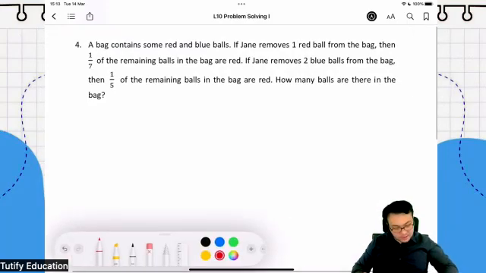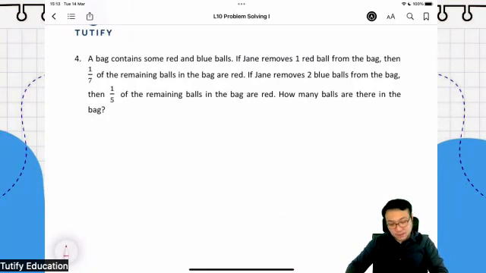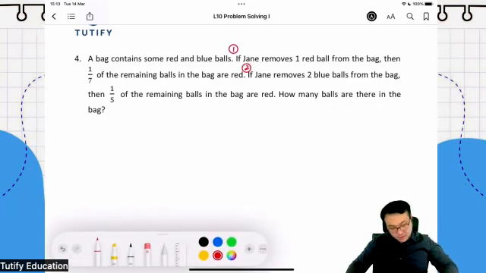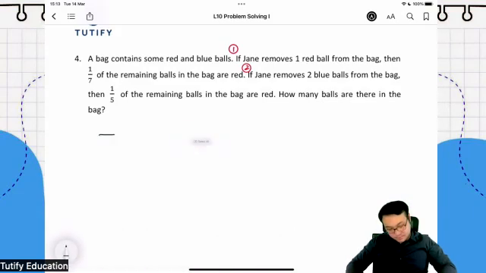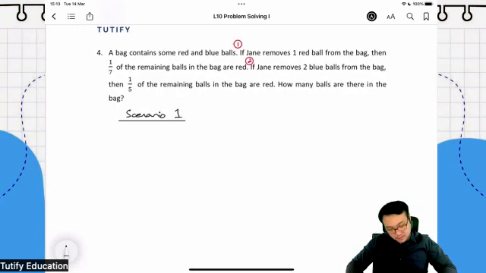Okay, so in this question, there are two scenarios, scenario 1 over here and scenario 2. Okay, let's draw both of them. So in scenario 1, they say that 1 out of 7 of the remaining balls are red.